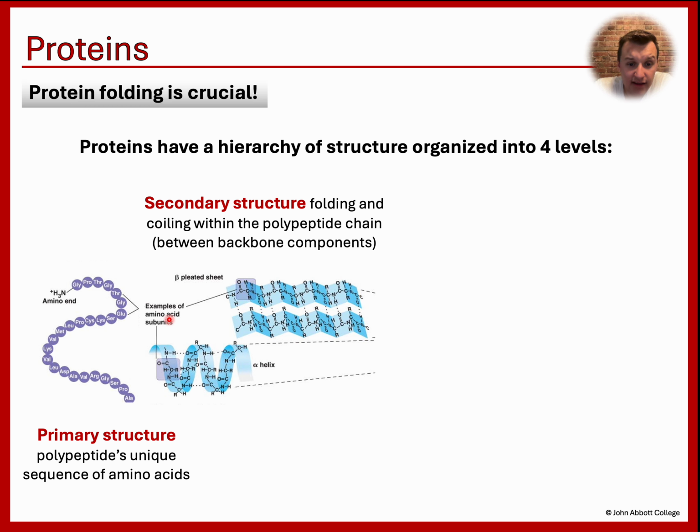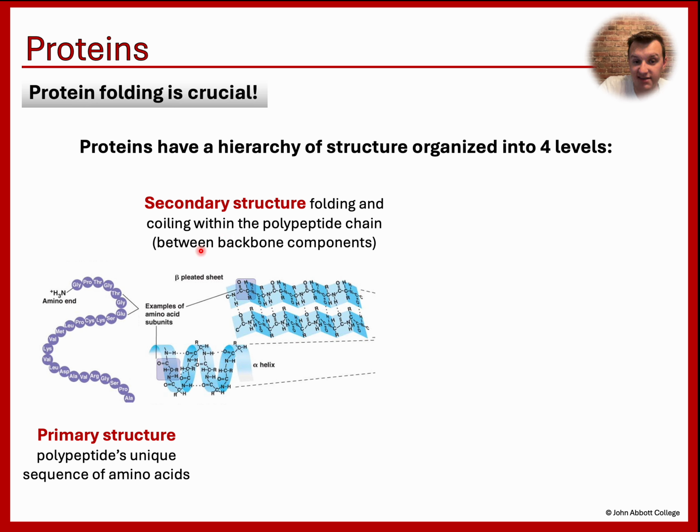Then, if I look at just this section here, these 3 amino acids, there could be different types of organization of folding. This little grouping will maybe make these sheets, all folded. So this portion of the chain could fold and coil on itself in different ways.